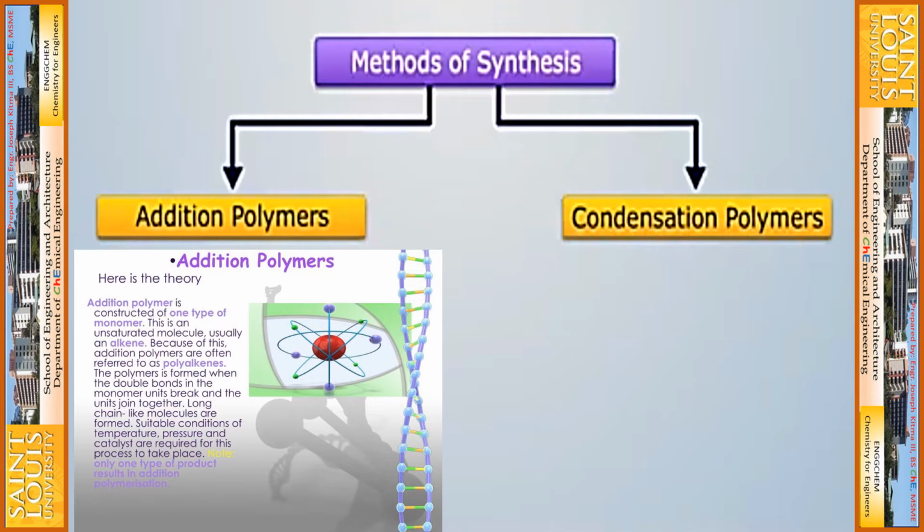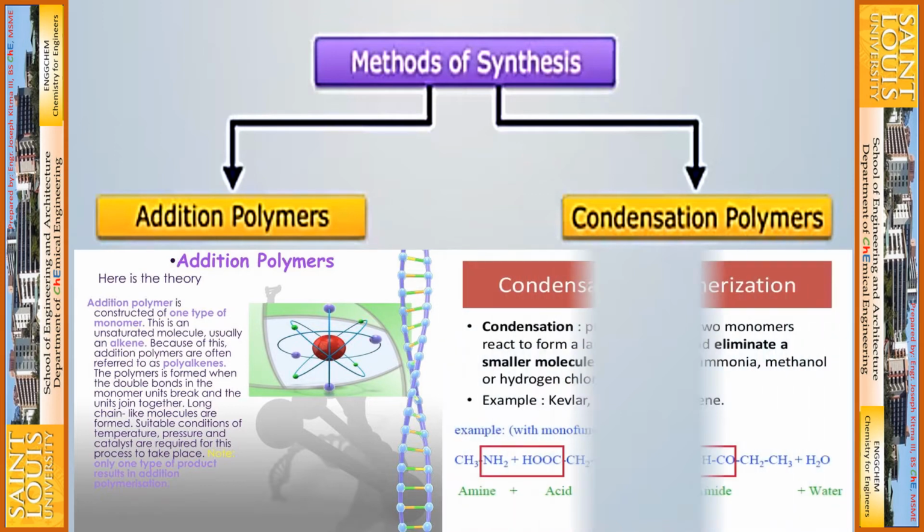Because of this, addition polymers are often referred to as polyalkenes. The polymer is formed when the double bonds in the monomer units break and the units join together. Long chain-like molecules are formed. Suitable conditions of temperature, pressure, and catalyst are required for this process to take place.